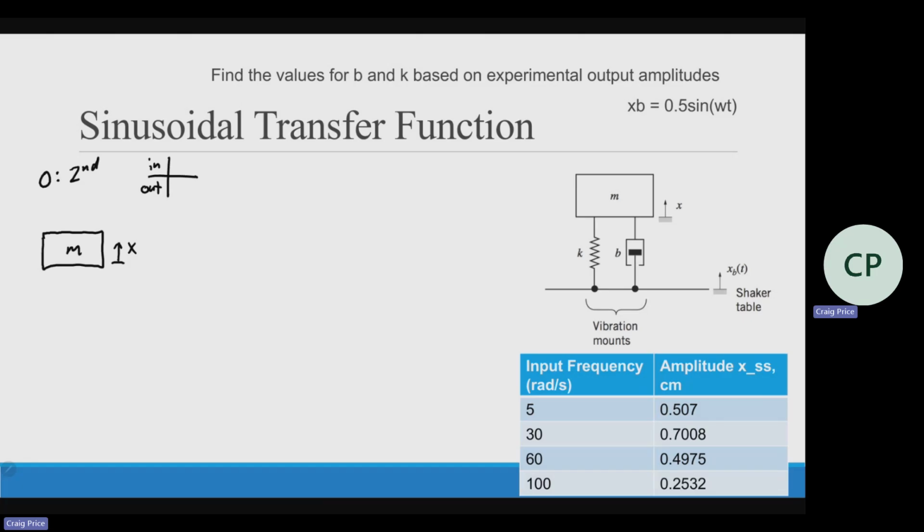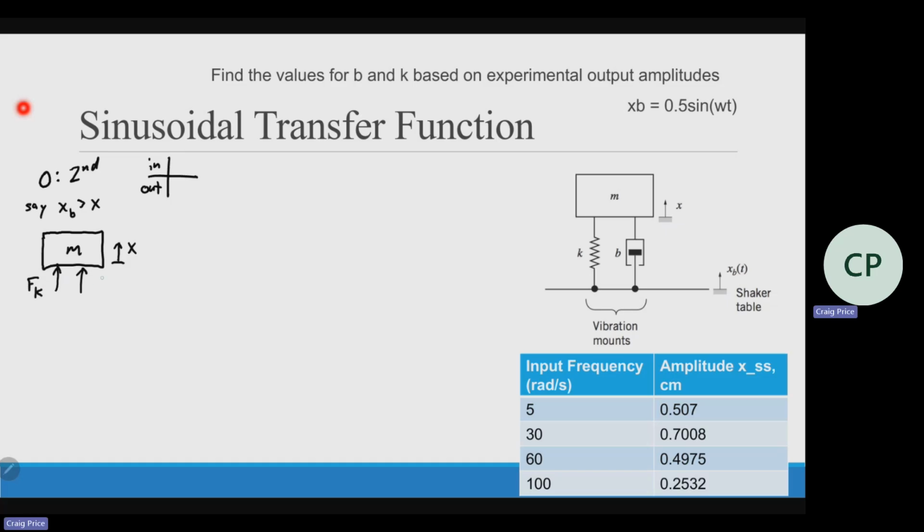So let's see. To match my notes, to make this, it's not like it's easier. I'm just picking one way, but I'm going to say that XB, the base, first moves positively, compressing the spring. So if it moves up, the spring compresses a little bit and it's going to push up on the mass.